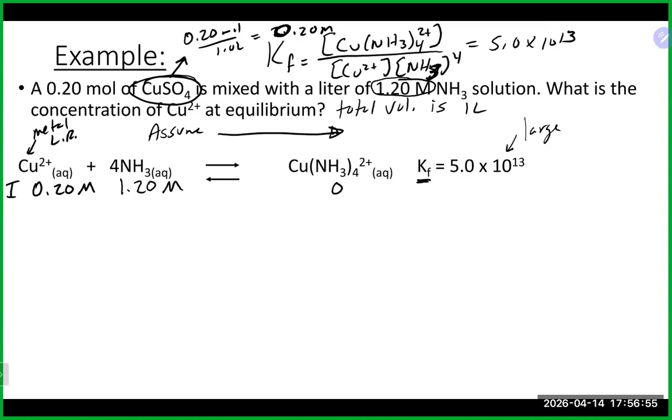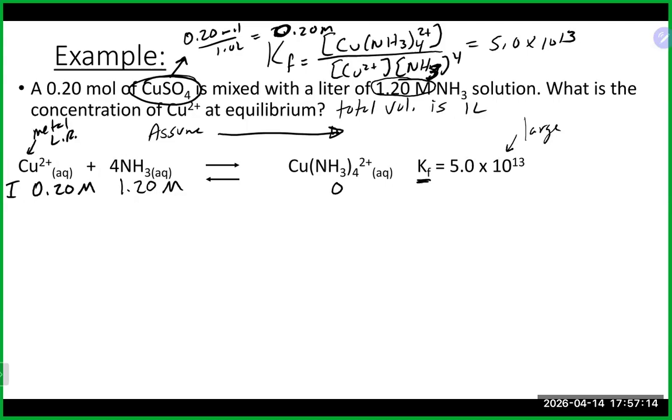It is going to get completely used up, because you can't really make a complex ion if you have no more metal, right? In order to make the complex ion, we need the metal in the middle, so it's going to be our limiting reagent. So when we do these types of problems, that is one of the assumptions that we make.